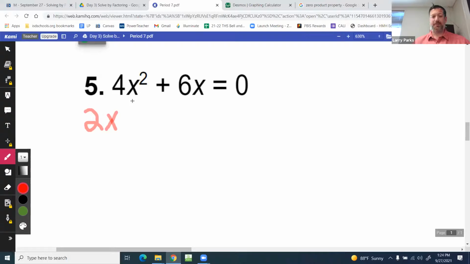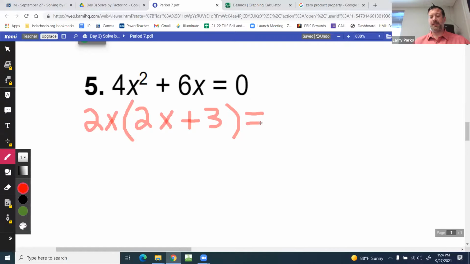What's left over? You take 4x squared divided by 2x, you get 2x. Because 2x times 2x is 4x squared. Bring down my operator of 6. 2x times what is 6x? That'd be 3. If you take 6x divided by 2x, you get 3.